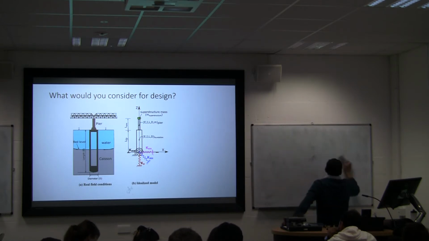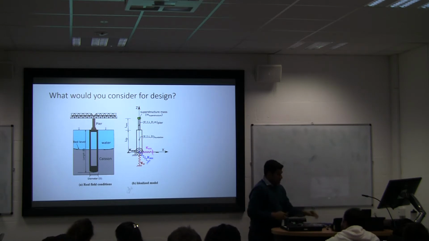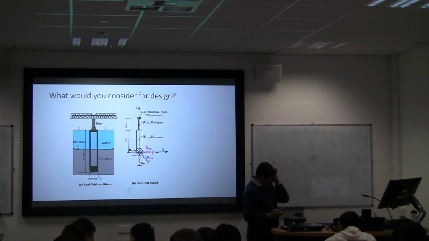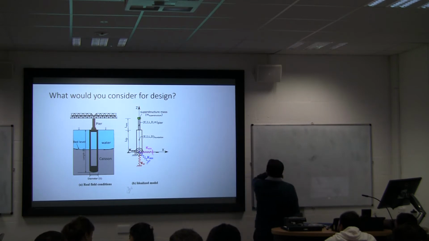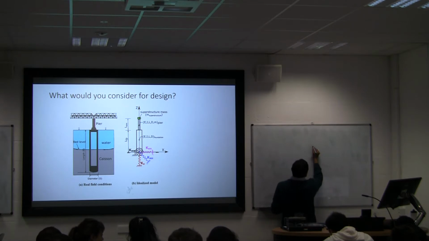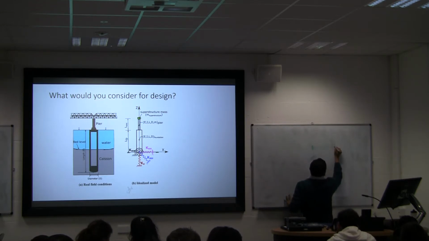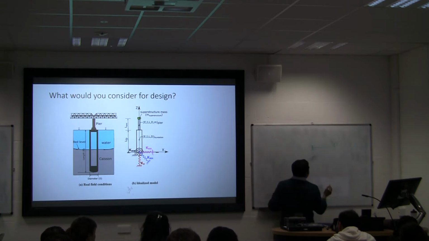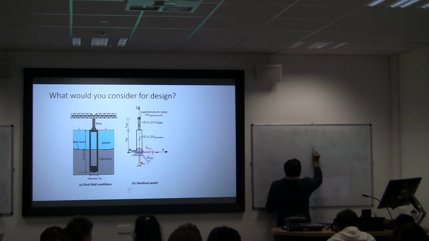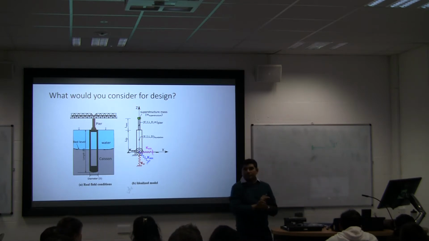Okay, it is important to understand this. What it means is, if you have a cantilever beam and I apply a point load there, this would deform like that, isn't it?